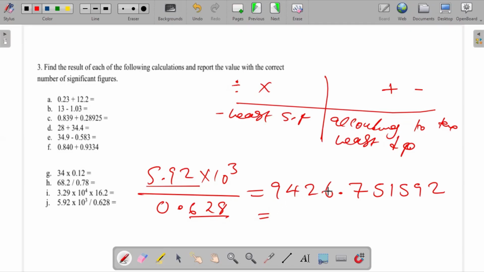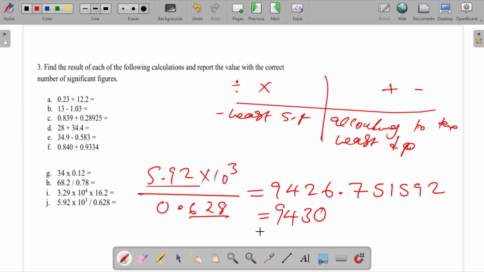So what would be the final answer there? 943, right? You put a 0 here, right? Like that.